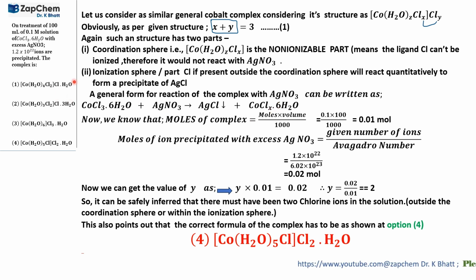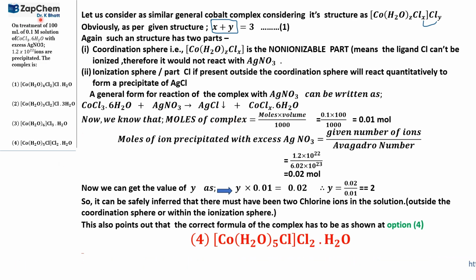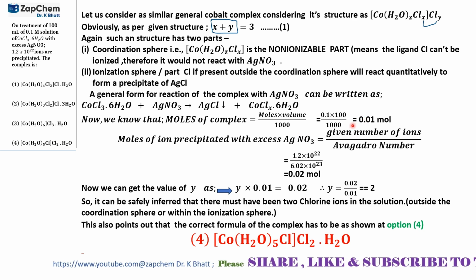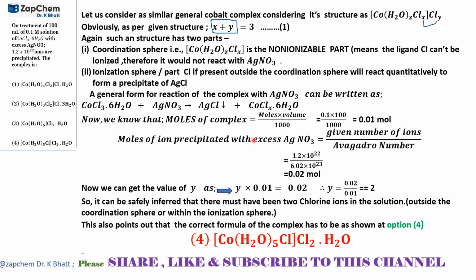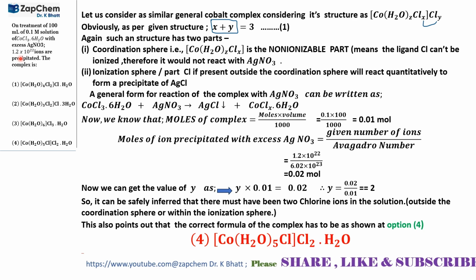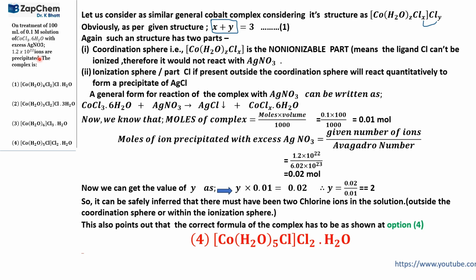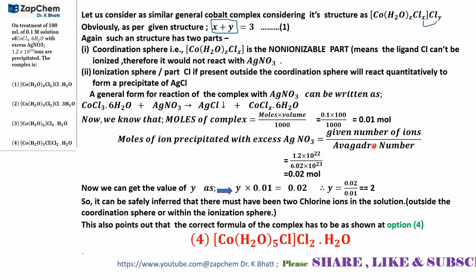Now, if you look at the question again, we find that the number of moles of the complex is 100 milliliter, 0.1 M. So we can very easily calculate the moles, and that is equal to 0.01 mole as calculated here. And then it is also given that 1.2 into 10 to the power 22 ions are precipitated, ions of silver chloride.